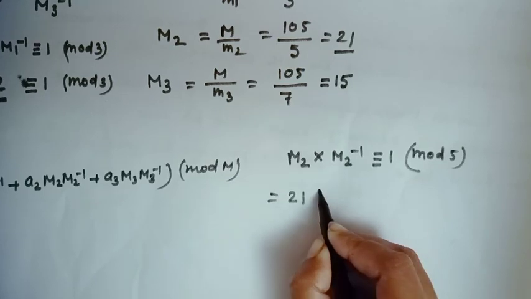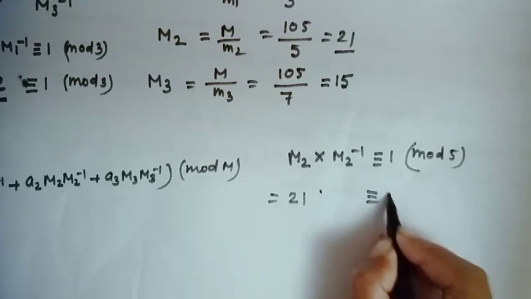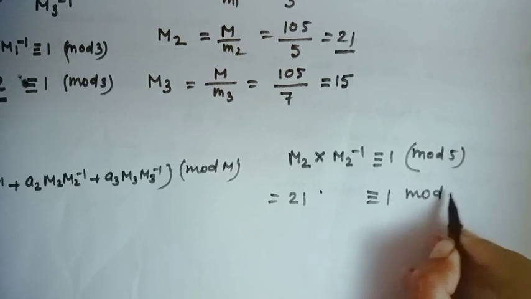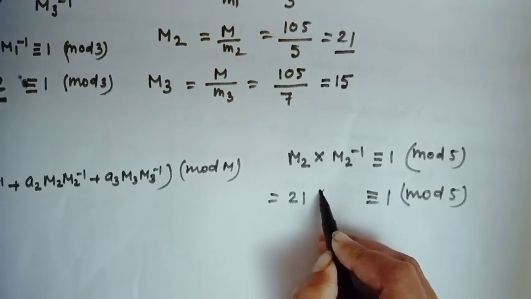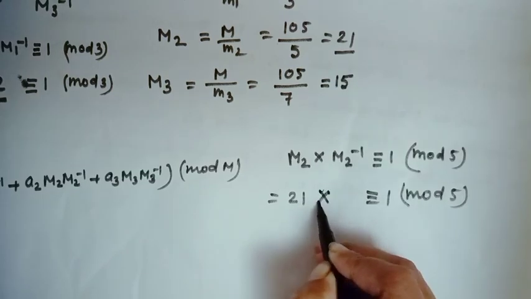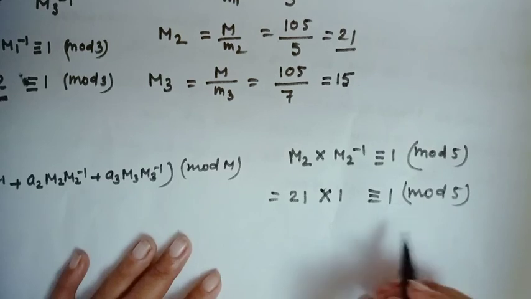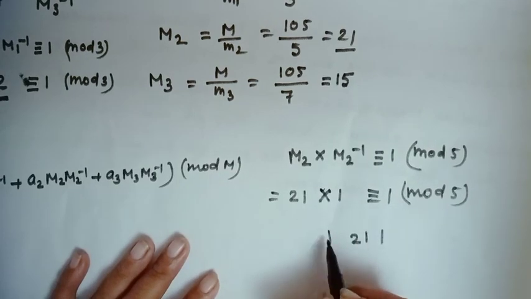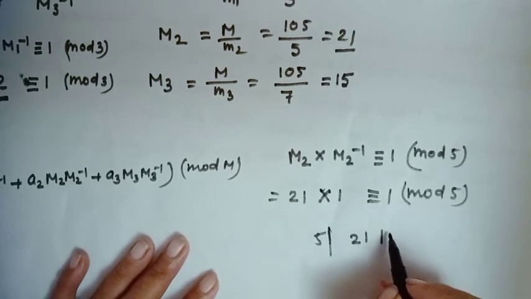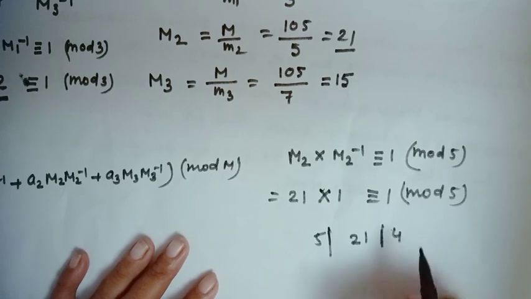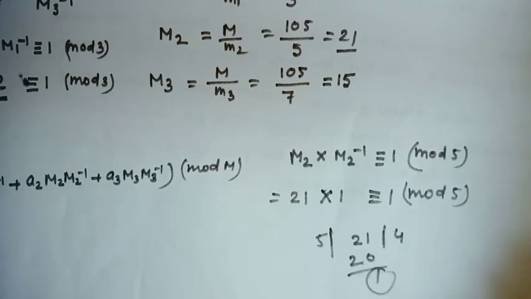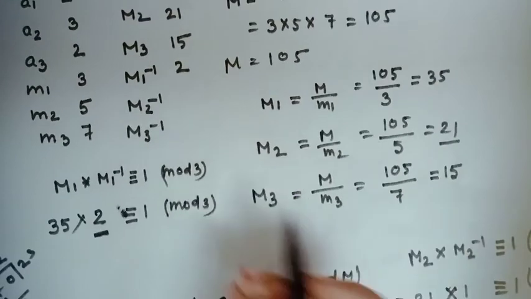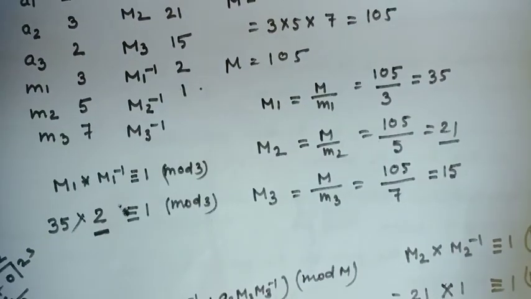If we put 1 here, then 21 divided by 5 gives 4, and the remainder is 1. That means M2 inverse equals 1.